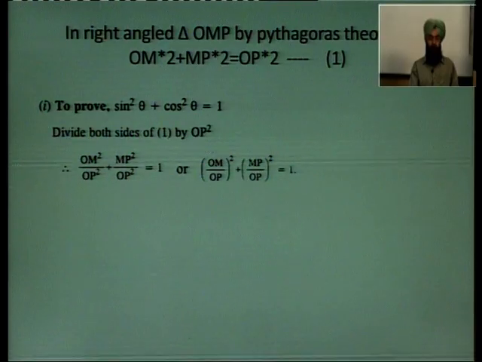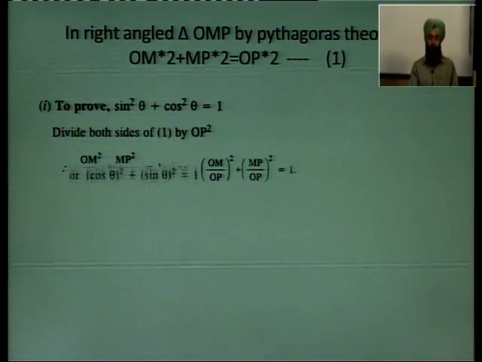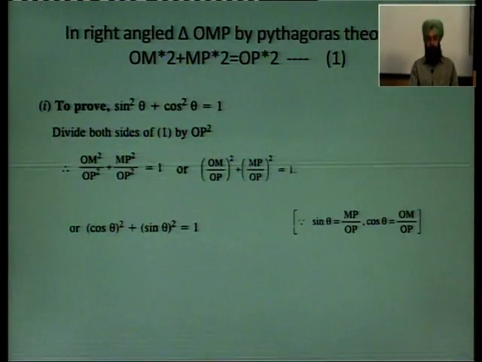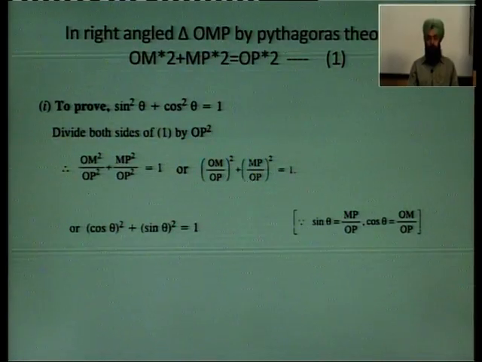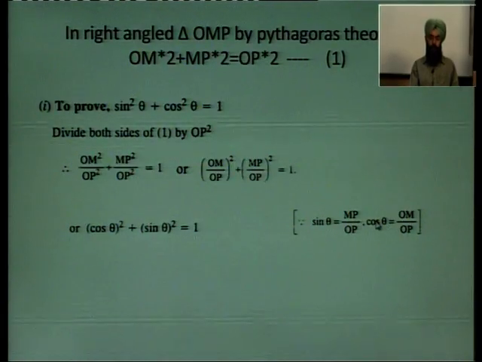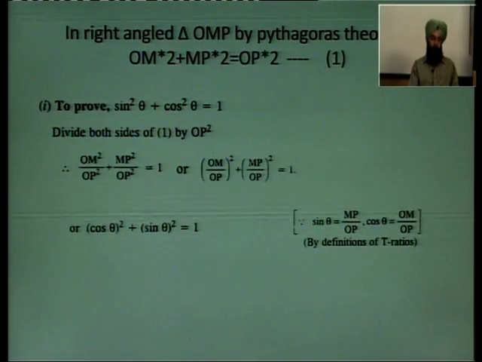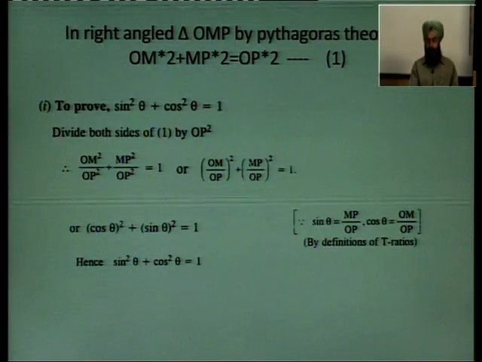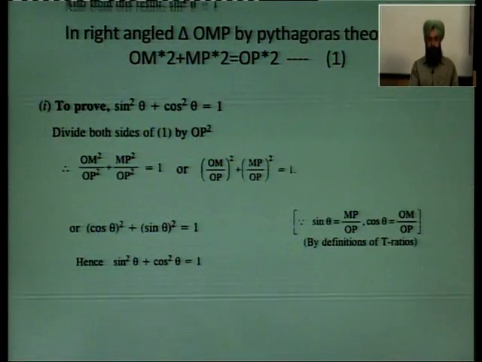By definition of sin theta and cos theta, we know that OM by OP is cos theta and MP by OP is sin theta. So, therefore, cos theta whole square plus sin theta whole square is equal to 1, or cos square theta plus sin square theta is equal to 1, because by definition sin theta is equal to MP by OP and cos theta is equal to OM by OP. So, we have proved the first trigonometric identity, that sin square theta plus cos square theta is equal to 1 always.